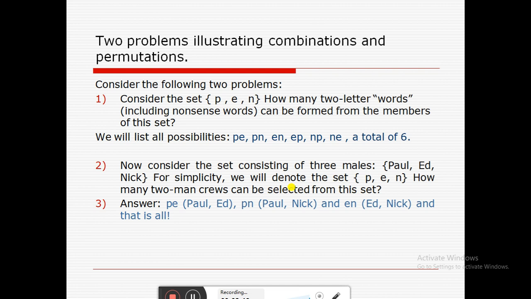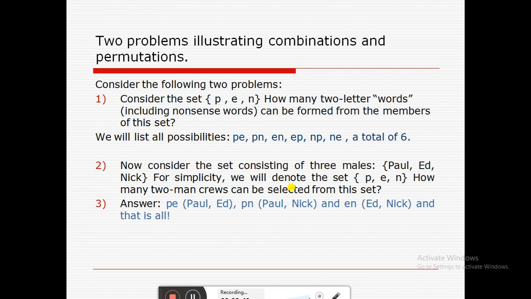Now consider the set of 3 males, Paul, Ed, and Nick. For simplicity, we will denote them as P, E, N. How many 2-man crews can be selected from this set? That is PE, Paul and Ed, PN, Paul and Nick, and EN, Ed and Nick.